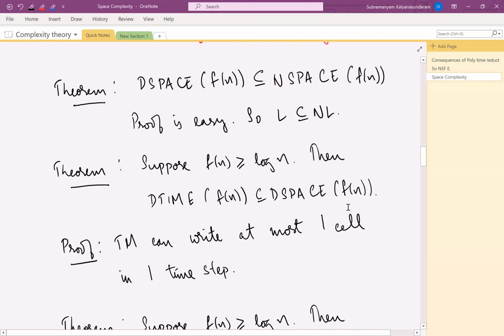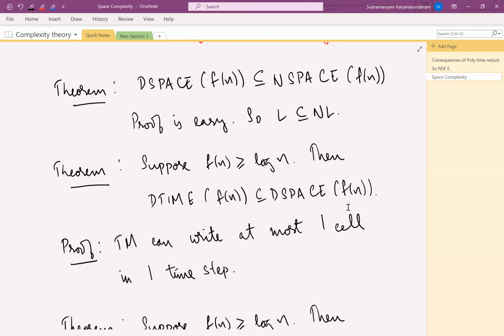Again, this is also very easy to see, because DTIME(f(n)) is the deterministic Turing machine that runs in time f(n). So if you have a deterministic Turing machine that runs in time f(n), the head can move at most order f(n) steps. And if it moves at most order f(n) steps, it can write at most order f(n) locations.